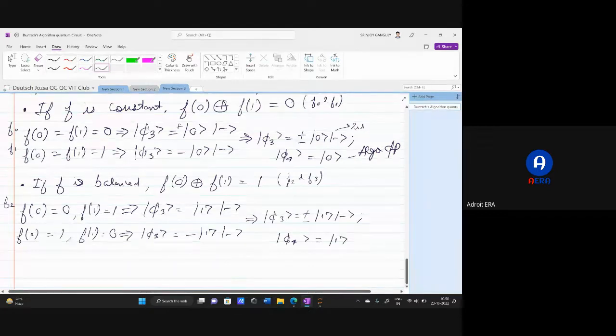Okay, so therefore this concludes the proof of Deutsch's algorithm, and now you can connect all the ideas together. You can see how with this generic circuit analysis, we are able to prove for all the functions which we defined in yesterday's class, f0, f1, f2, f3, how all those results come into the picture, and therefore how those oracles work.